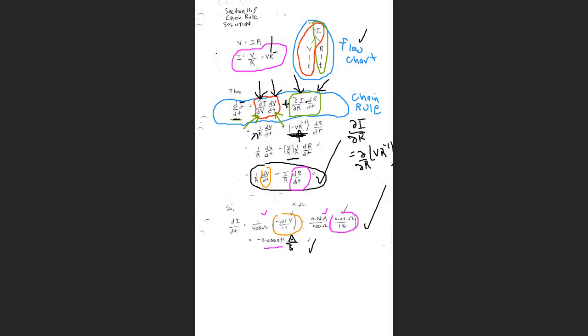That's from here. And so if you leave the V constant and take the derivative of R to the negative first, that's going to give you negative R to the negative second by the power rule. And that's how you got this result here.